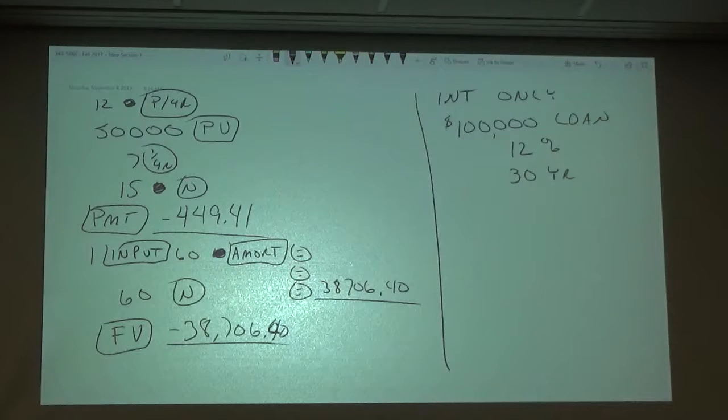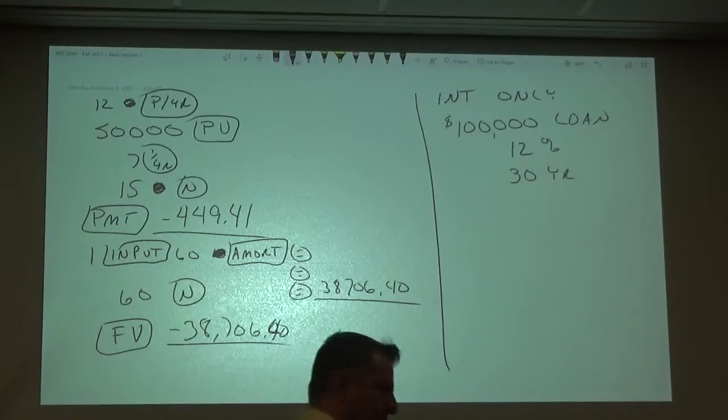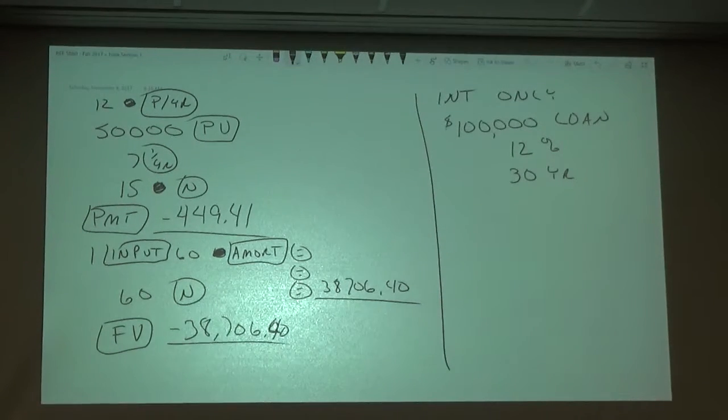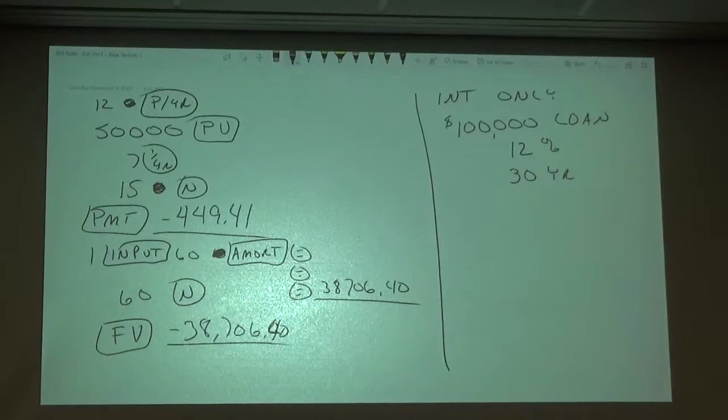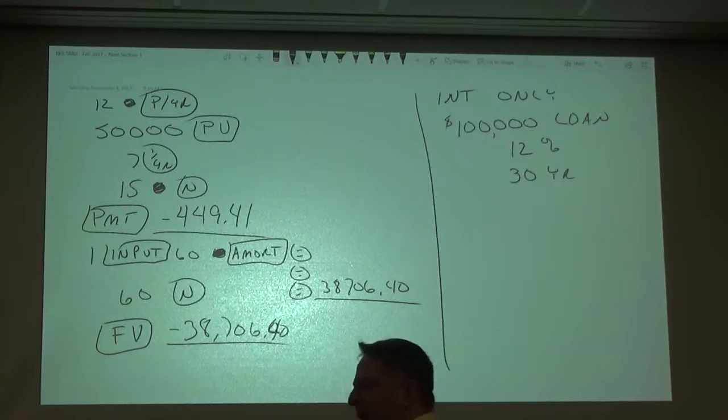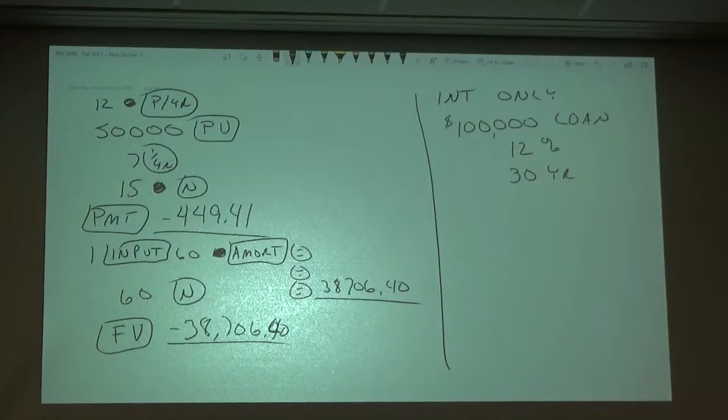Real quickly, without thinking too much, how much am I going to owe on this loan after 5 years? $100,000. Why? It's interest only. Balance does not go down. How much am I going to owe at the end of 30 years? $100,000.